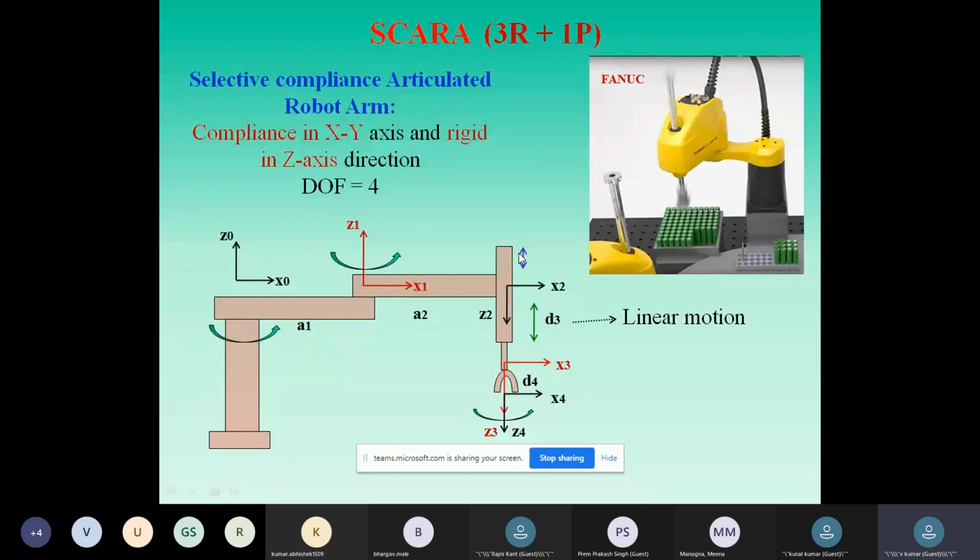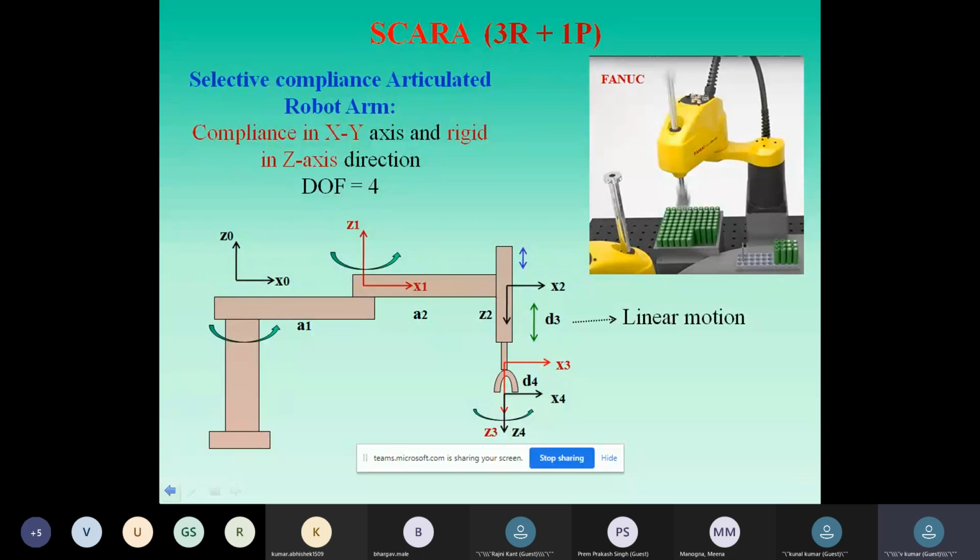You see the arrow by the blue line up and down, and fourth joint is also revolute. So 3 revolute and 1 prismatic. The first two joints rotate and establish the horizontal plane of the tool. Our tool is here, and the third joint is prismatic that determines the vertical position of the tool, and the fourth joint determines the orientation. In this way, there are 4 joints.